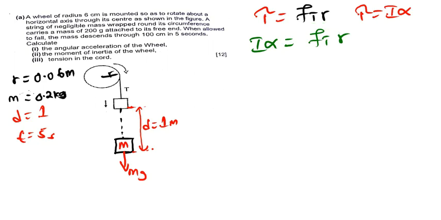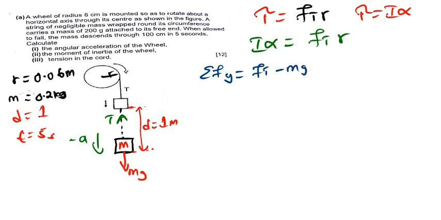For the tension force, I know that there is a force pointing upward. That force is the tension force. An object is coming down, the acceleration is definitely negative. The summation of all the forces in the y direction: we have the tension force pointing upward minus mg pointing downward.